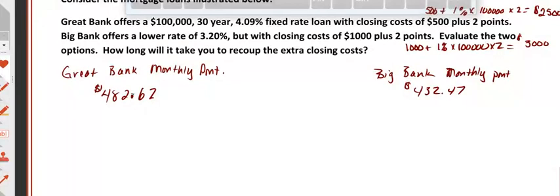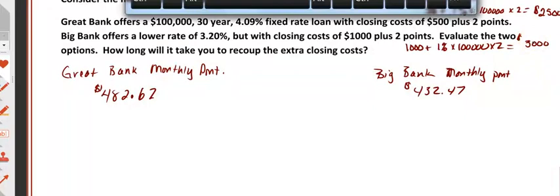The Big Bank monthly payment, which is $100,000, 30 years, but an interest rate of 3.20%, would give us a monthly payment of $432.47. And we need to also consider that this second one had $500 in extra closing costs when we compare the two.